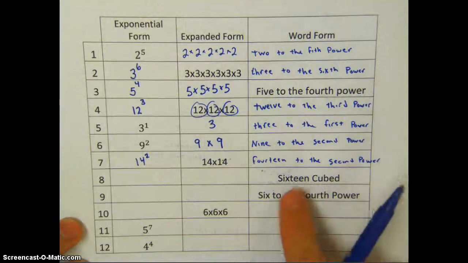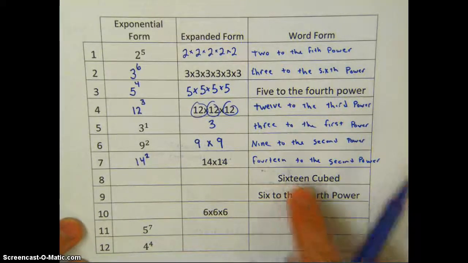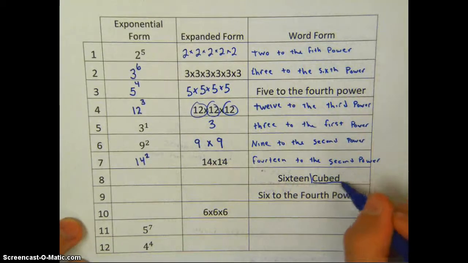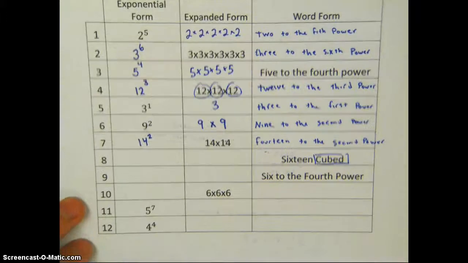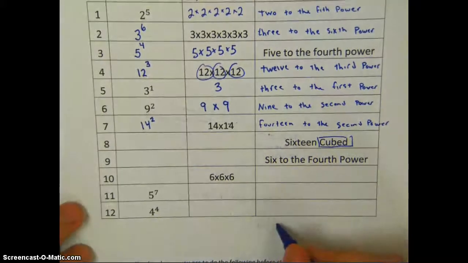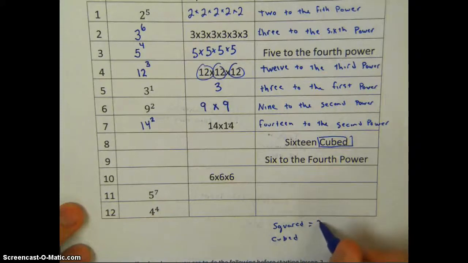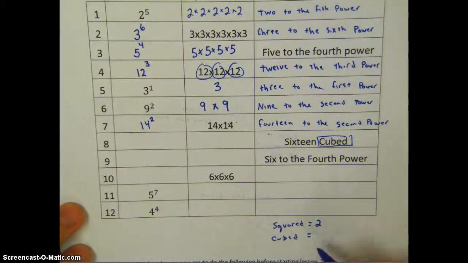Some of you may have been confused about what the word cubed means. If you ever see squared or cubed, these are 2 special cases where squared would be just a 2, or cubed would be 3. It's just what dimension they're in.